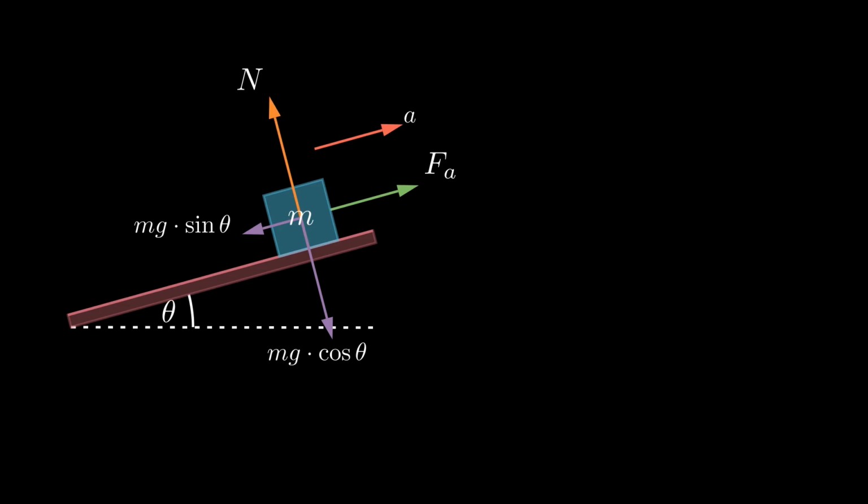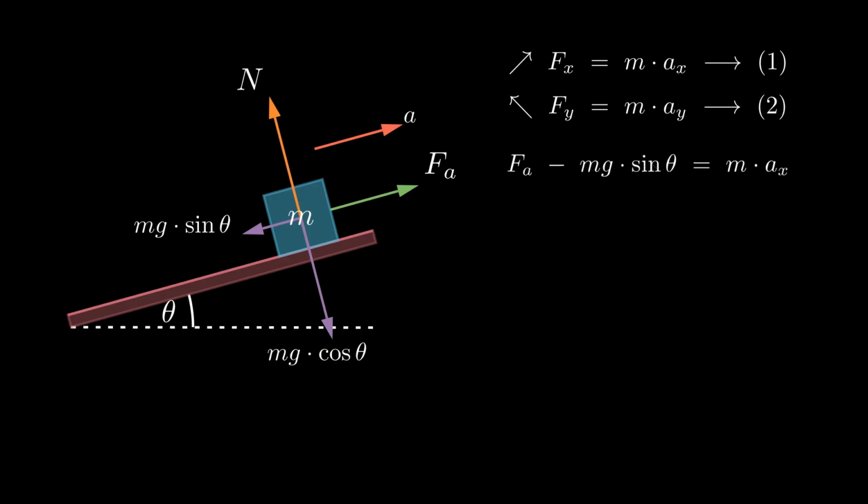You can represent the weight component along the plane's surface using the sine of the angle of inclination, while the component opposing the normal force can be obtained using the cosine of the angle. It is recommended to remember the decomposed weight components for easier problem solving in similar situations in the future. Our next task involves the application of Newton's second law in these two directions to determine both the acceleration and the normal force.